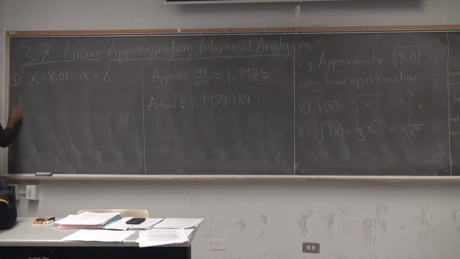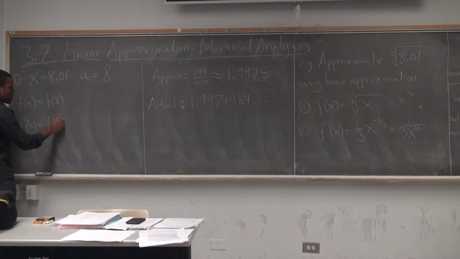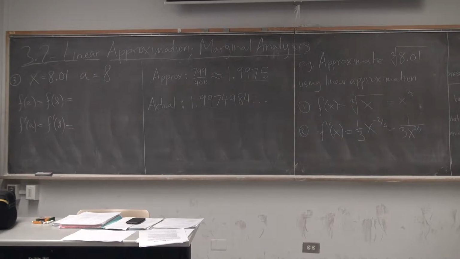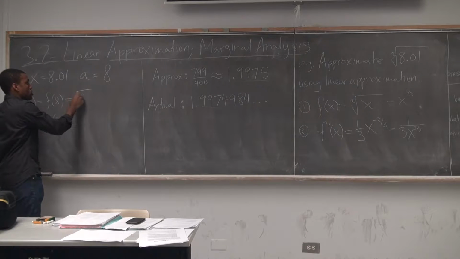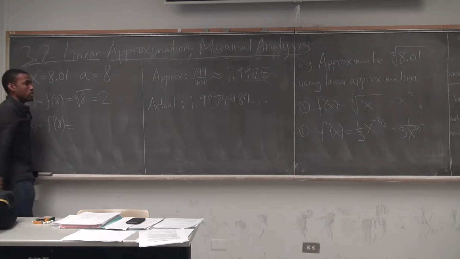And so now I'm going to find my f of a and my f prime of a, which is, in other words, f of 8 and f prime of 8. F of 8 would be what? 2. This is just the cube root of 8, which I know is the answer, 2.